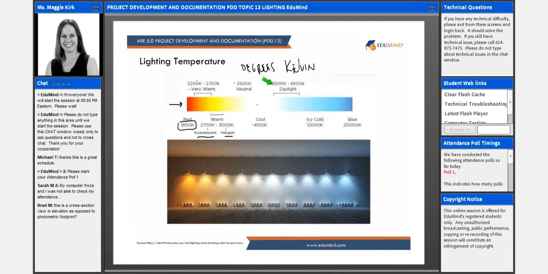And that daylight is going to be around 5500 K to 6500 K. And then once we start to get higher and higher, we can see that a 12,000 K bulb is going to be what they refer to as icy cold. And then a 20,000 K bulb lamp is essentially going to be blue. And, again, you can see that here.